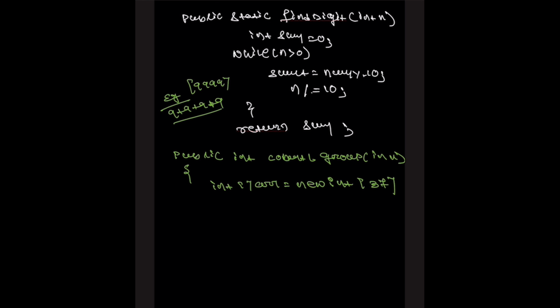The sum of this number comes out to 36, and we take one more space, 37. Then take int maxSize equal to 0, because we have to calculate the size, and one more variable, count equal to 0.